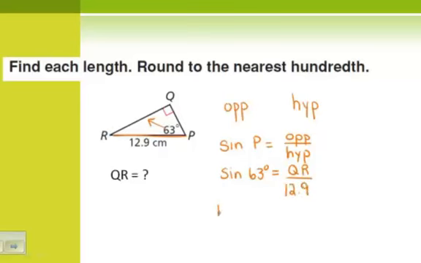So if I multiply both sides by 12.9, I get 12.9 times the sine of 63 is equal to QR. And now I'm just going to type that into the calculator. 12.9 times the sine of 63, and that gives us 11.49. So QR is approximately 11.49.